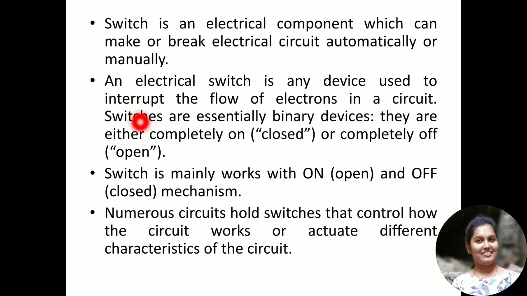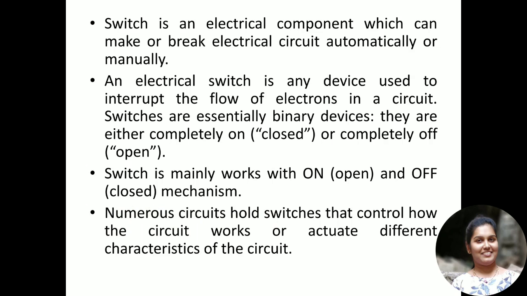Switches are essentially binary devices. They are either completely on, that is in closed condition, or completely in off position, that is open condition. Okay, numerous circuits hold switches that control how the circuit works or actuate the different characteristics of the circuit.